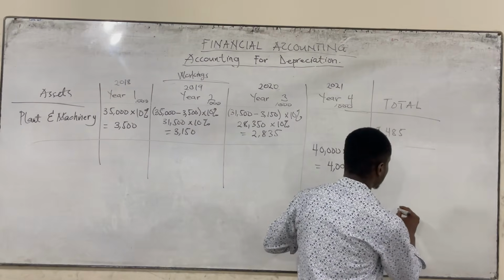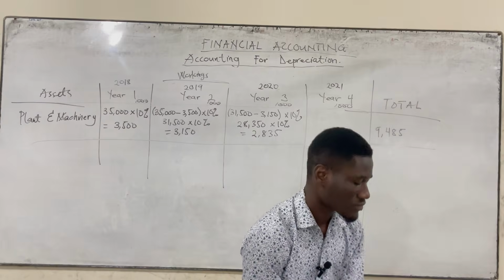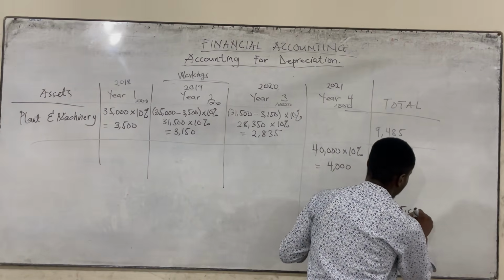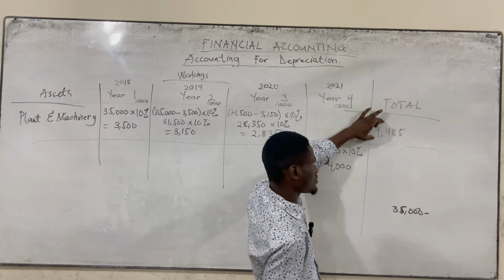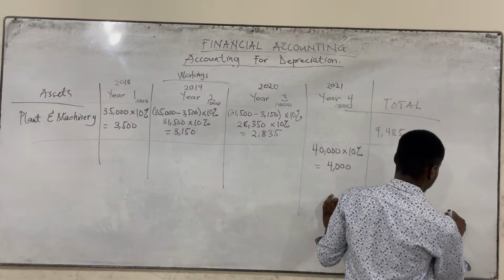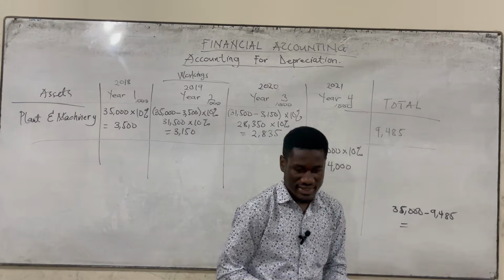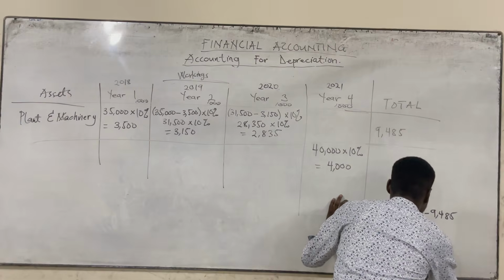So what we are going to do is this 35,000 minus, so cost minus accumulated depreciation for that asset, we are getting 25,515.